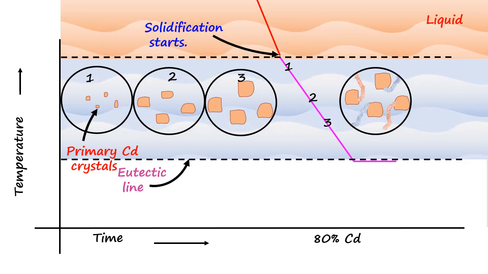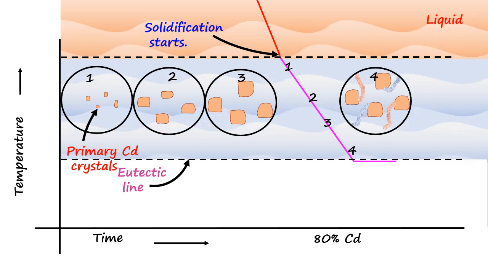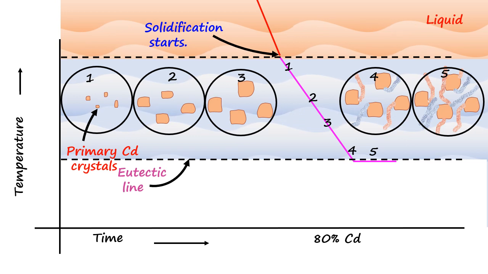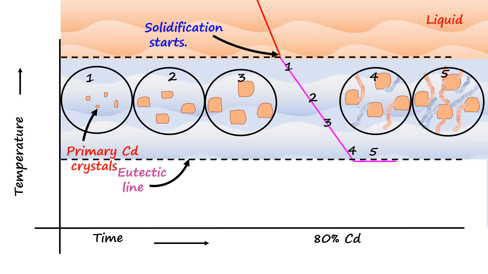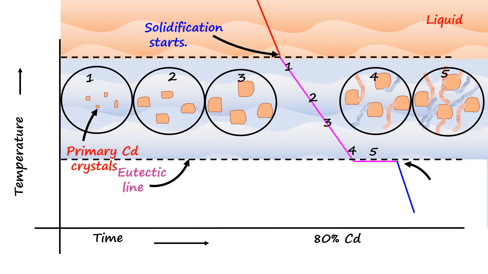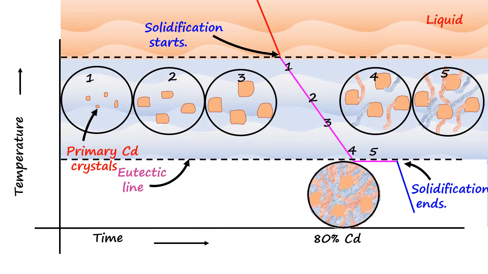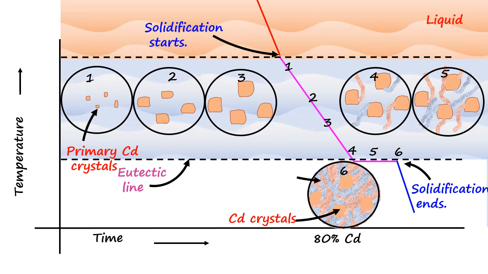Now the eutectic mixture of cadmium and bismuth crystals formation starts. We have cadmium crystals, eutectic mixture and liquid phase. As the solidification completes, we have cadmium crystals and eutectic mixture of cadmium and bismuth crystals.